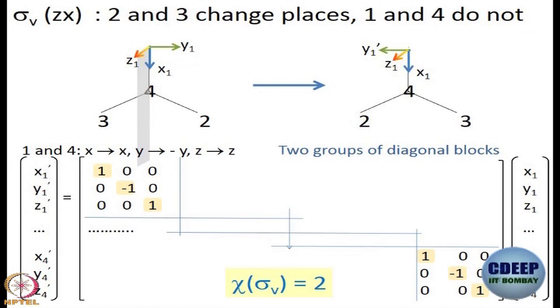So, what will the character be for each atom? 1, 1, minus 1, that is again plus 1, right. See, x remains same, zx, z also remains same, 1 plus 1 2, and y becomes minus y. So, 1 plus minus 1, that is 1. How many atoms contribute? 2. So, 2 into 1 is 2.